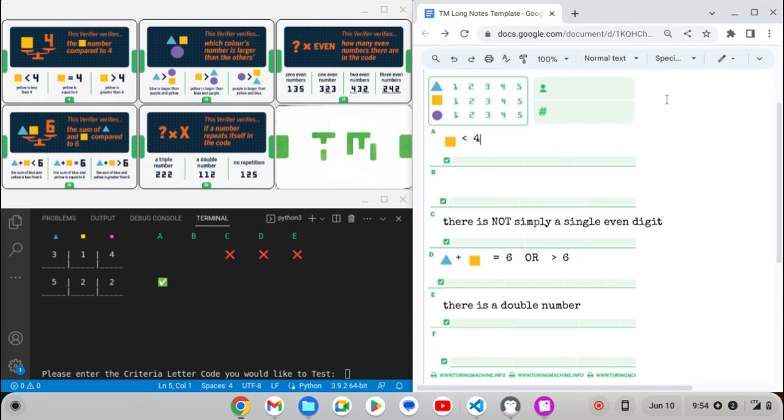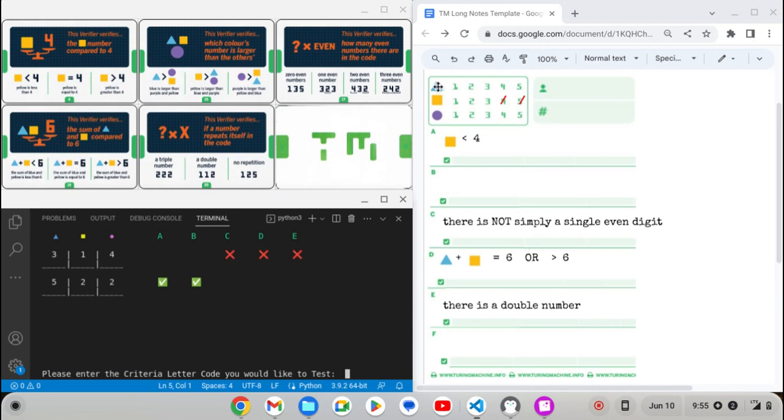Okay, so now I get to actually cancel some numbers up above. So if square has to be less than 4, then of course it can't be a 4 or 5. It could be 1, 2, or 3. Okay, and so let's go ahead and test criteria B. See what is the largest. Okay, so I was right that triangle is the largest.